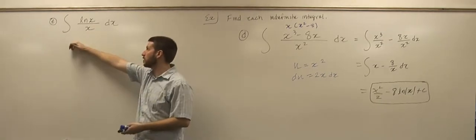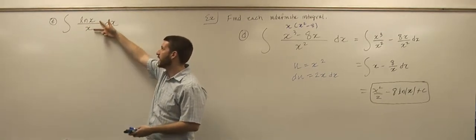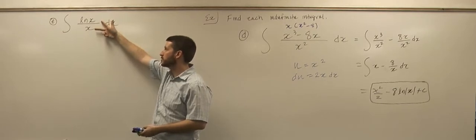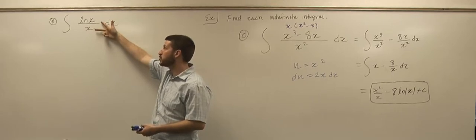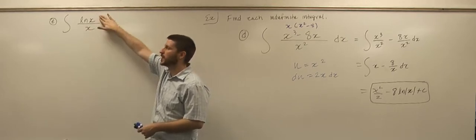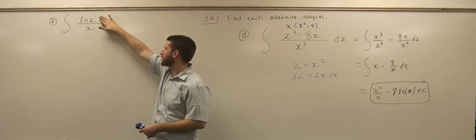I don't know the integral, it doesn't fit any of my rules yet, so I'm going to try u substitution. What do you think I should make u equal to? I only have two choices. I can either make it x or ln x. I can make it 1.